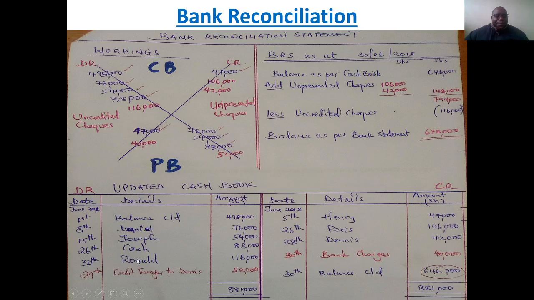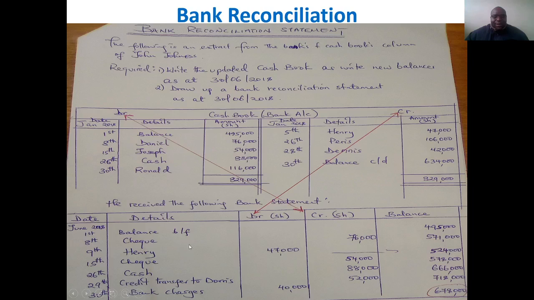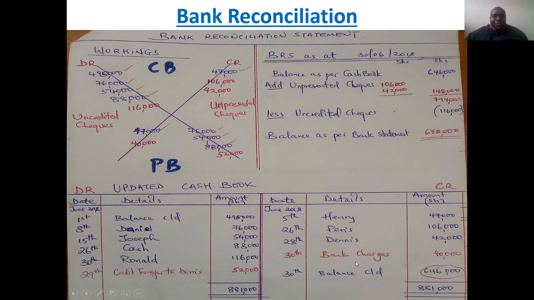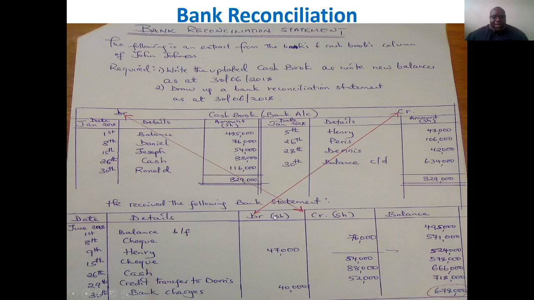So we have 76,000 in the bank, 54, 88, and 52. 52 is not reflected anywhere, and we have to reflect it now.